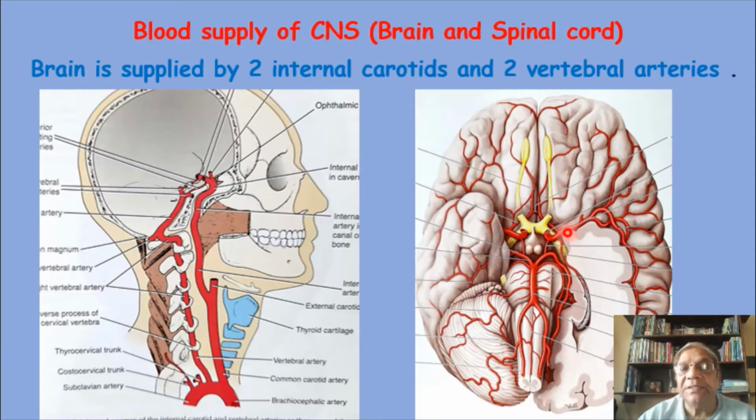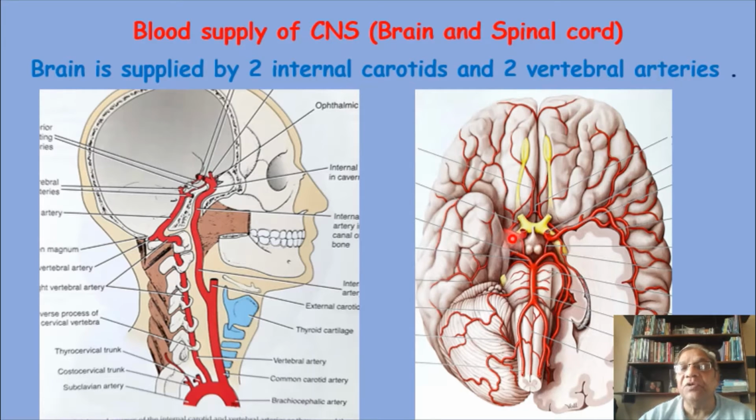Now let us see the formation of the circle of Willis. Here posteriorly, after the bifurcation, the terminal branches of the basilar artery which lies on the pons are the right and left posterior cerebral arteries, and this is the internal carotid artery.